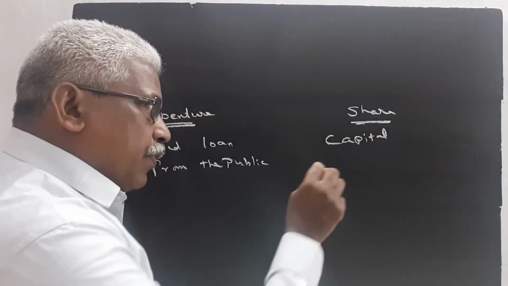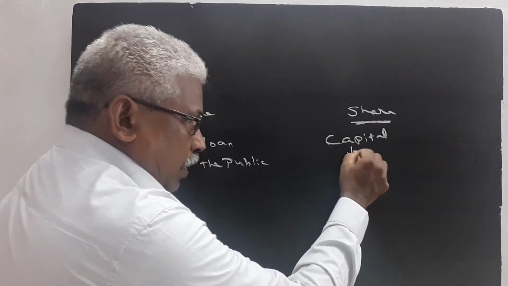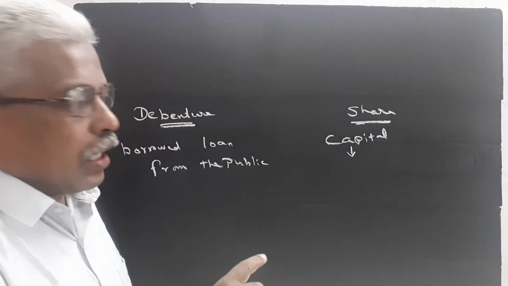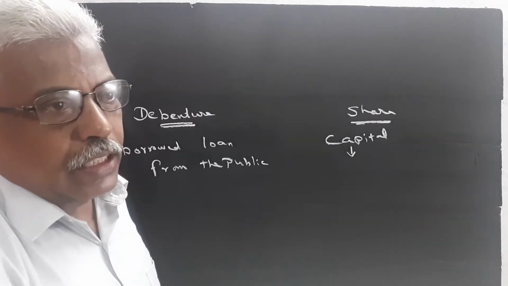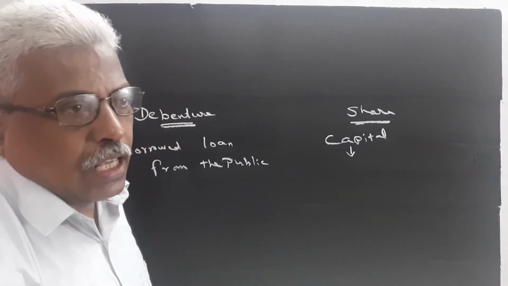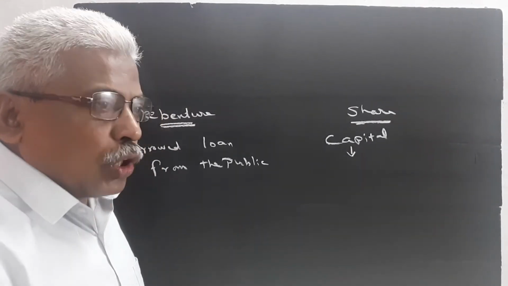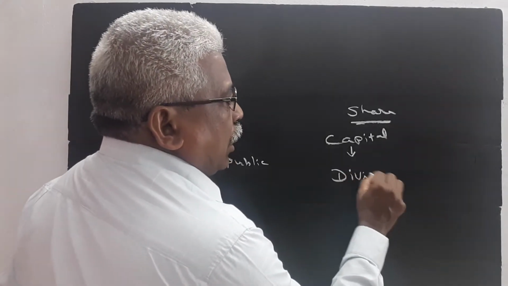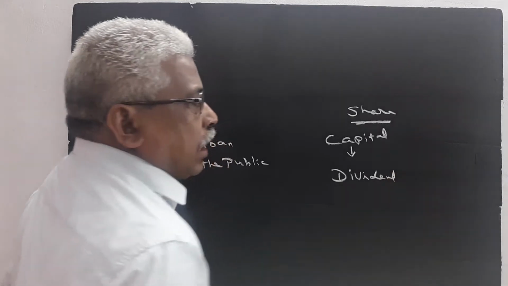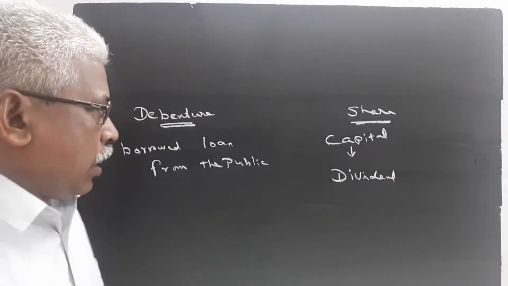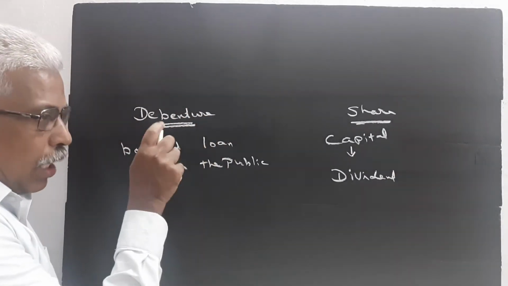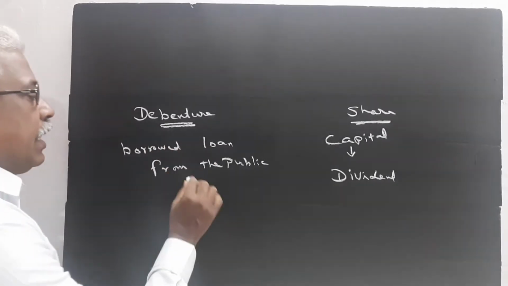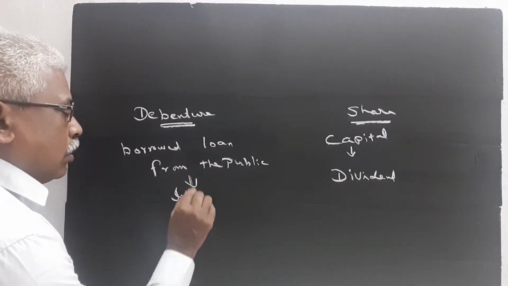With the help of this capital, the board of directors conducts the business and earns profit. A portion of profit is given in the form of dividend. Only if the company earns profit will dividend be given. But whether the company earns profit or not, the interest must be paid.